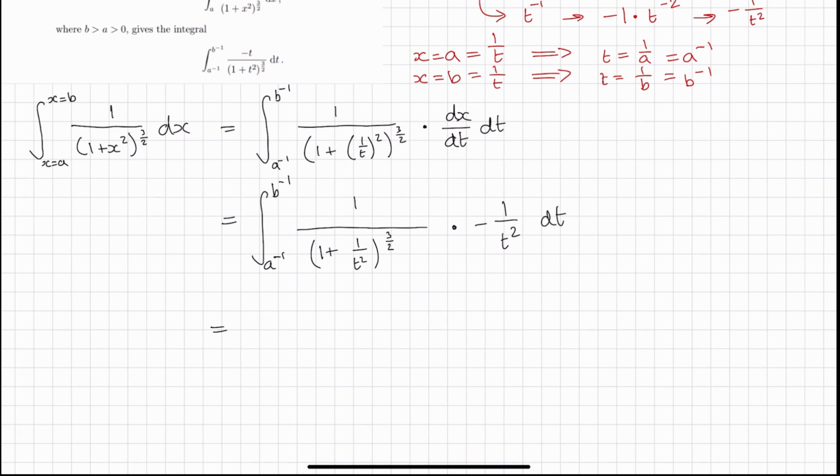Simplifying this and taking a look at the form we need it in, we need to get a t into the numerator. If we take a look at our denominator again, we've got 1 plus 1 over t squared, which can be written as t squared over t squared plus 1 over t squared, because this just equals 1. And then we get t squared plus 1 over t squared.